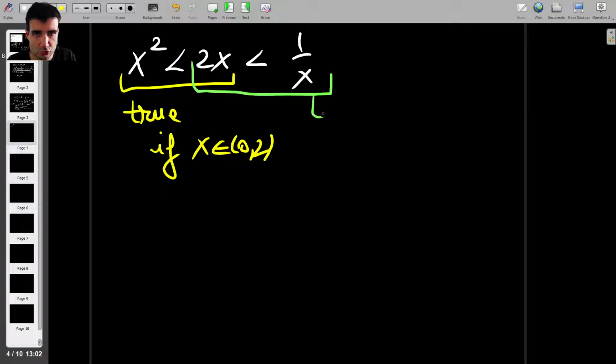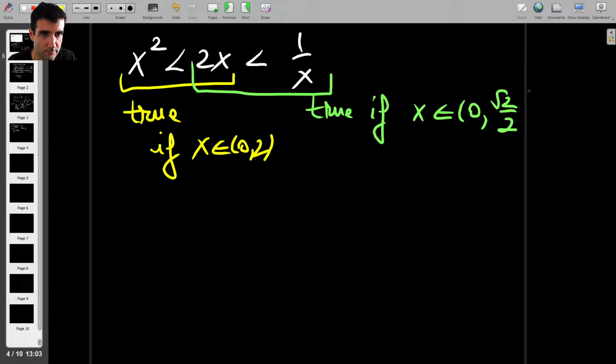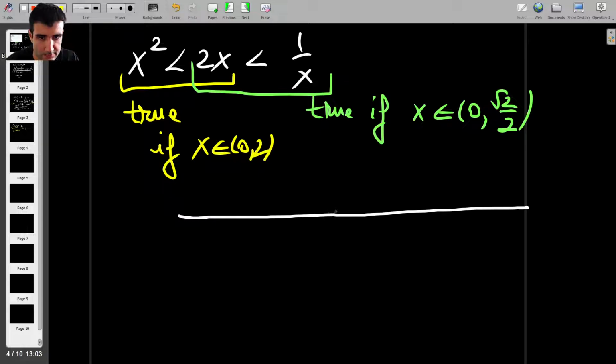This is true if x is between 0 and root 2 over 2. So here's what we have. Here's a more visual way of seeing this. If 0 is here, this is root 2 over 2, which is a bit below 1, and this is 2.